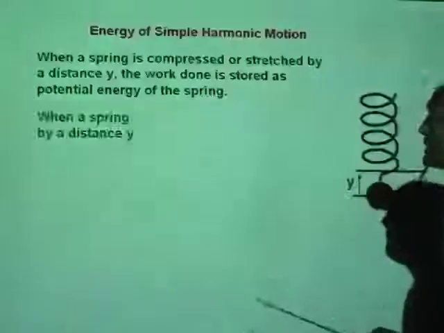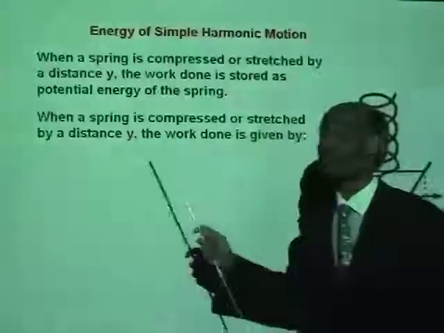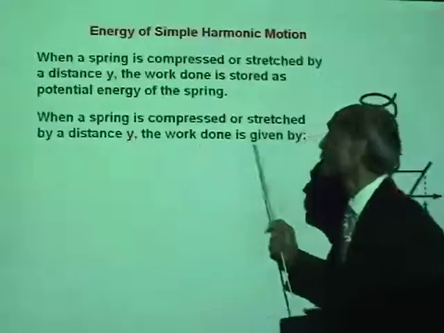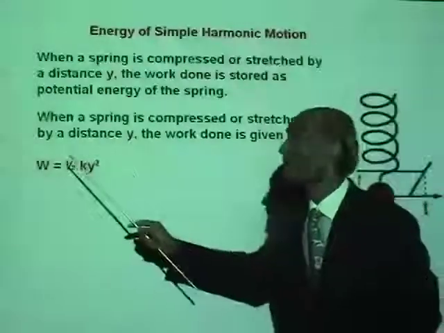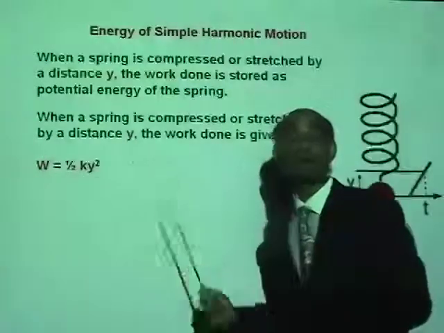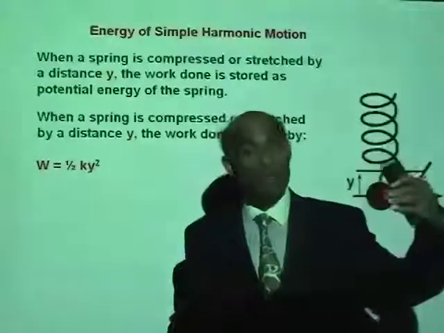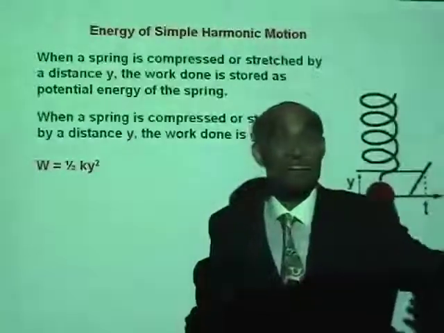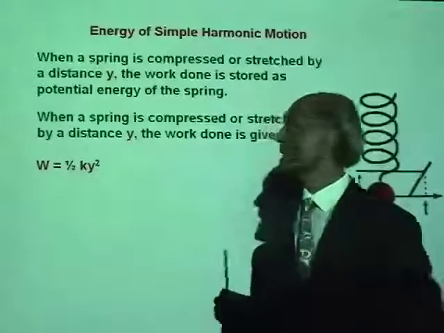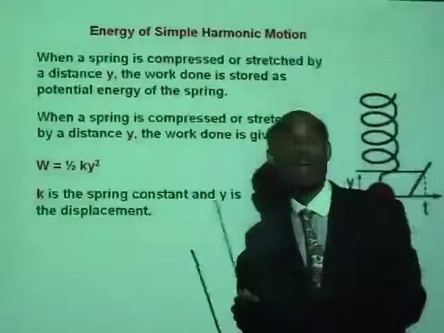You see? So, when a spring is compressed or stretched by a distance y, the work done is given by W equal to 1/2 k y squared. This is the equation we developed in Physics 1 using the method of calculus. K is the spring constant and y is the displacement.